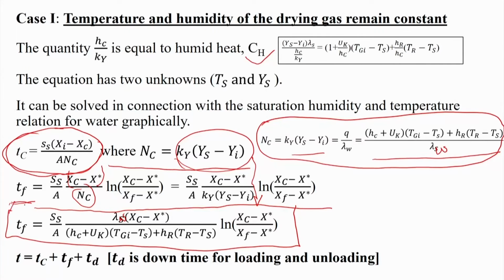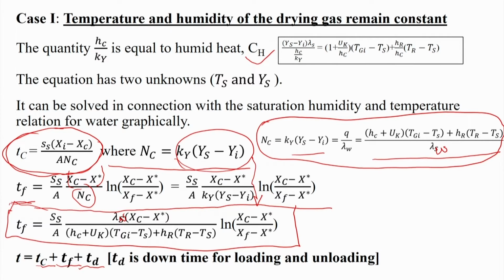If the falling rate period varies with the square of the moisture content, then the expression will be to some extent different. But the total drying time for cross circulation drying will be the drying time in the constant drying period, then the falling rate period, and another part also is there, that is T_d, the downtime for loading and unloading, because we started the discussion on batch drying.